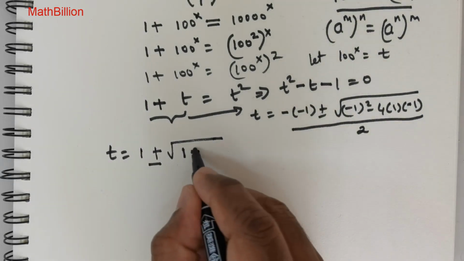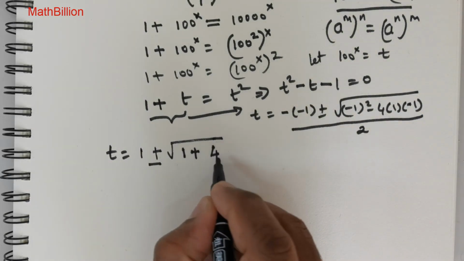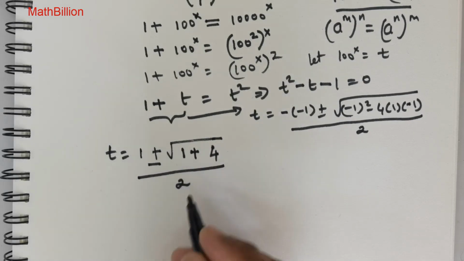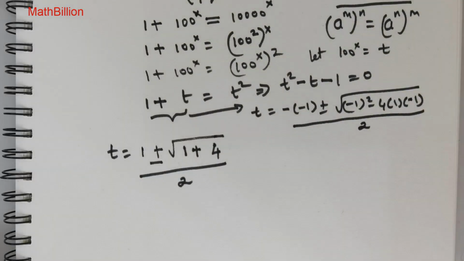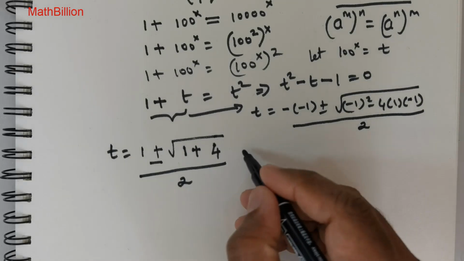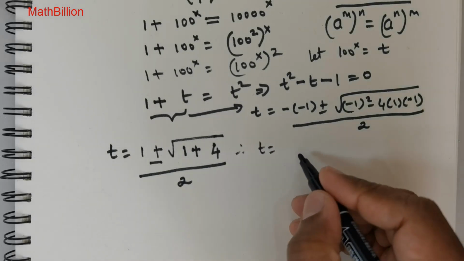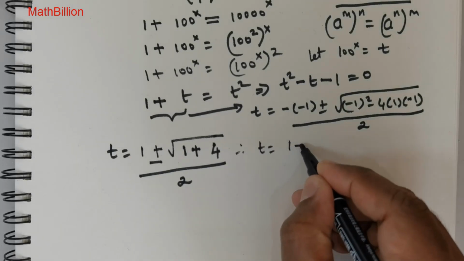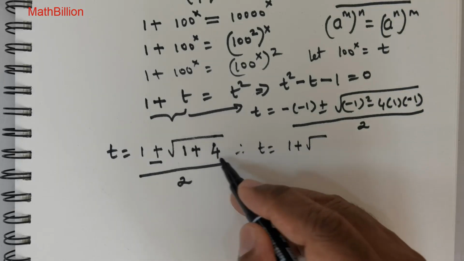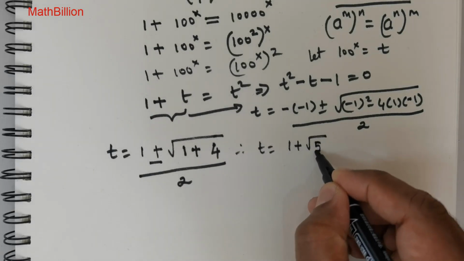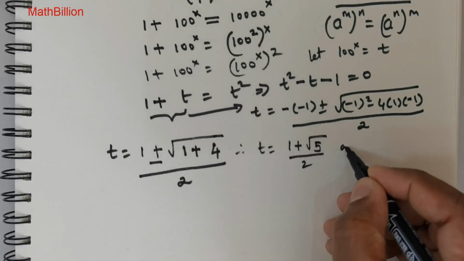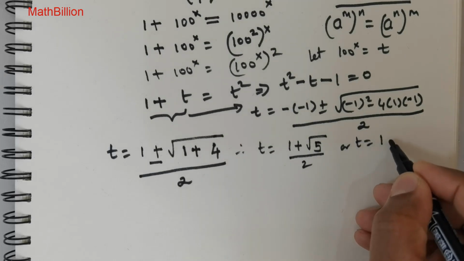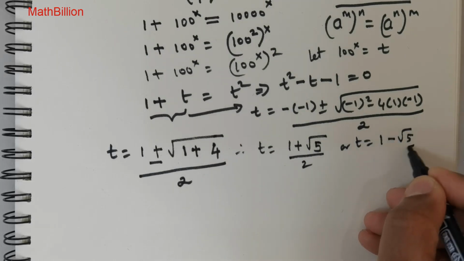Negative times negative is positive, so you get 4, divided by 2. So if I were to calculate, t has got 2 values: t = (1 + root 5)/2, since 1 + 4 is 5, or t = (1 - root 5)/2.